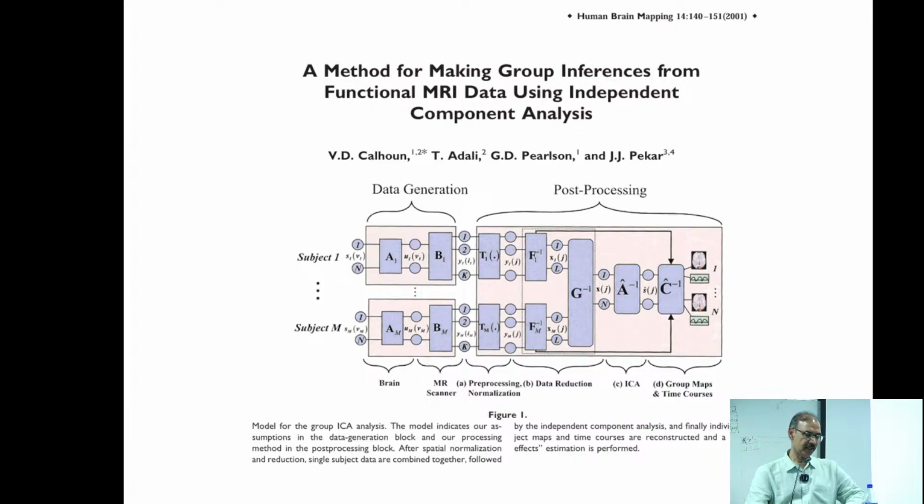So what is done is something like shown here. You have subject 1, subject 2 and subject M, and what we are doing is using these measures to find the components corresponding to each subject, right?